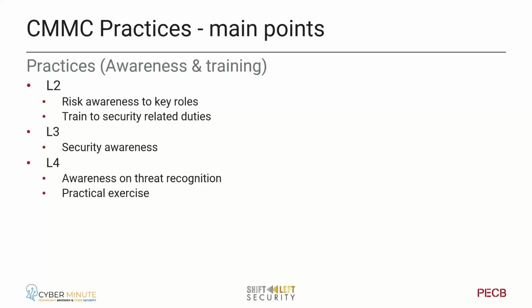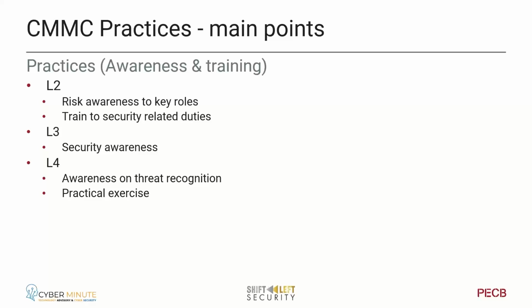Okay, and another very important one is, of course, awareness and training. You need to be able to talk about risk and awareness for the key roles in the organization, the management, the people that are in control and that are responsible.